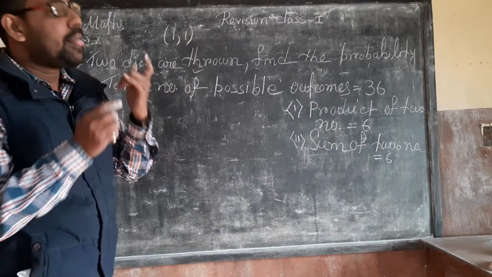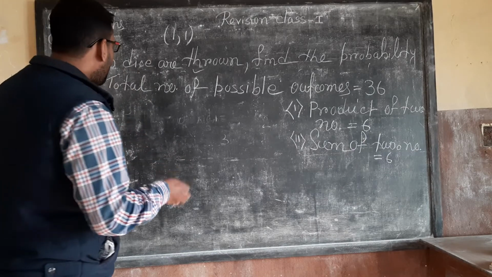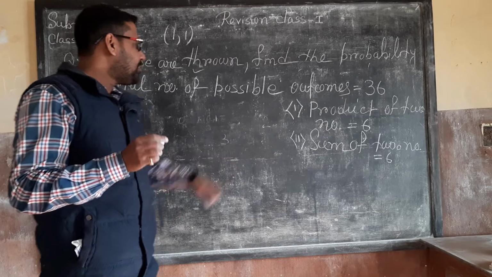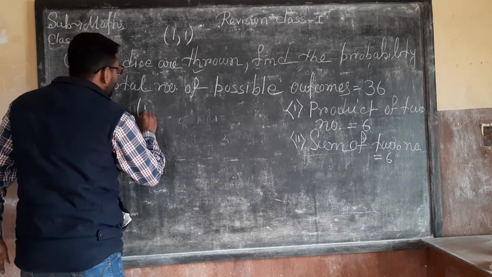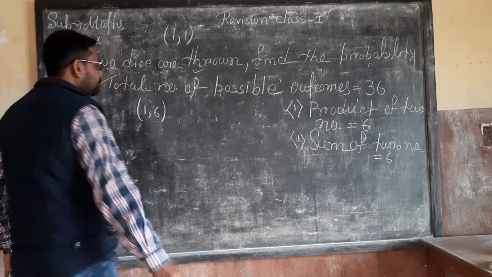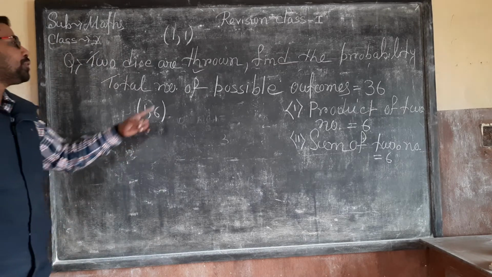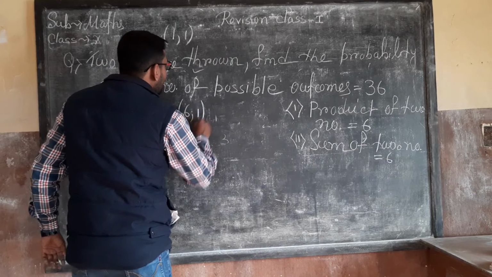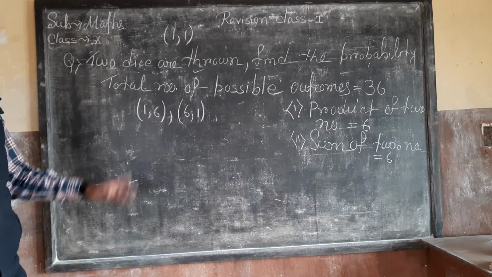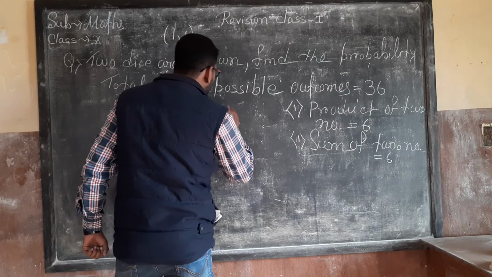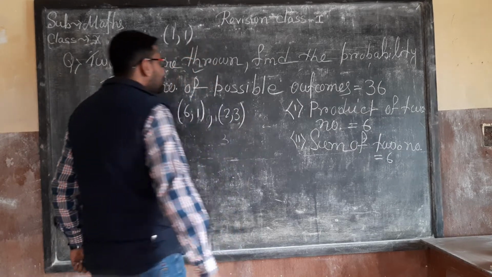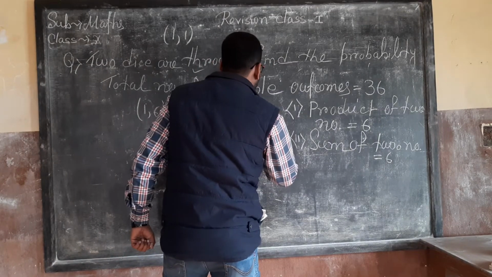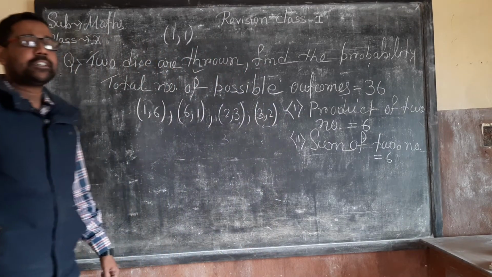The favorable outcomes are 1 and 6, which produce 6; 6 and 1, which also produce 6; 2, 3 produce 6, and 3, 2 also produce 6.